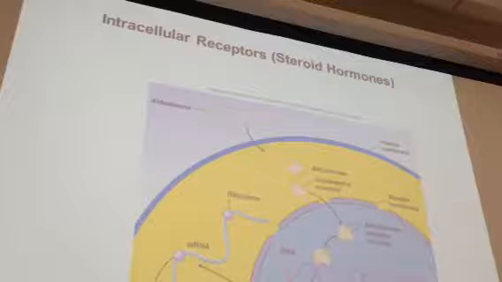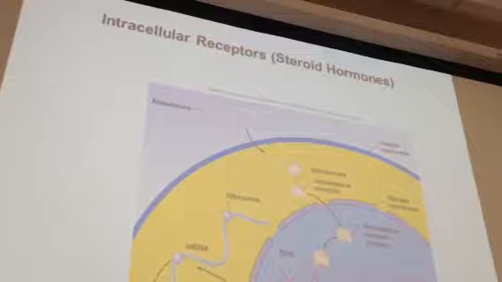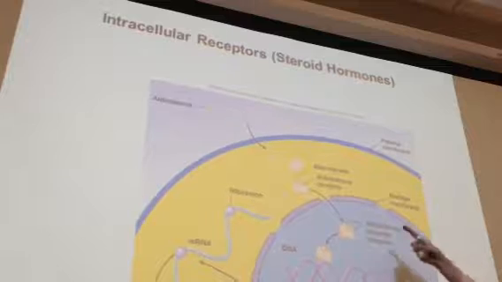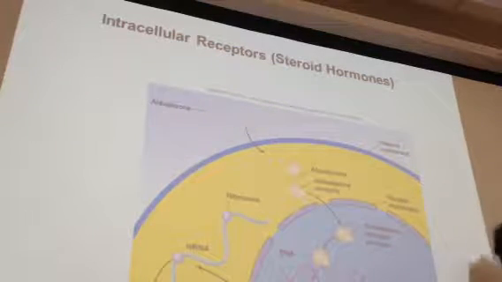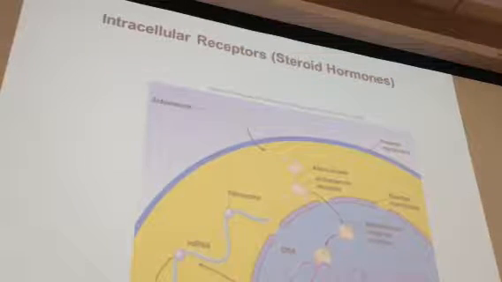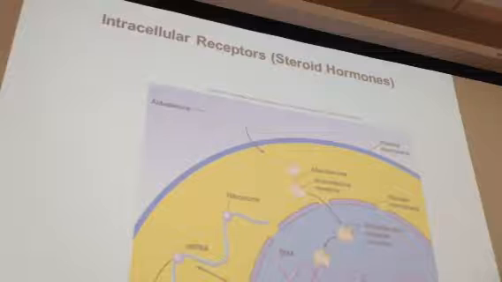Okay. So that's not a V, that's a receptor. The hormone diffuses and binds to its receptor in the cytoplasm, or it may diffuse through the nuclear pores and bind to its receptor within the nucleus.